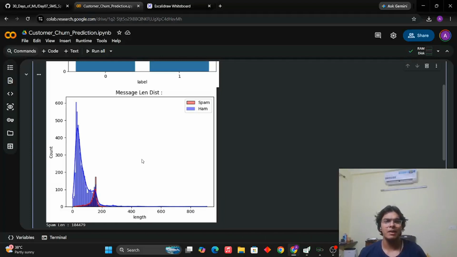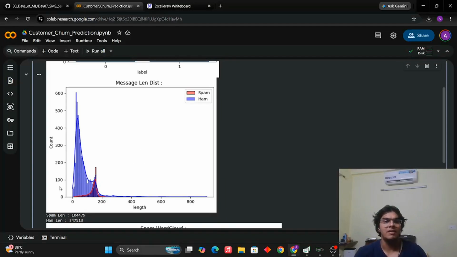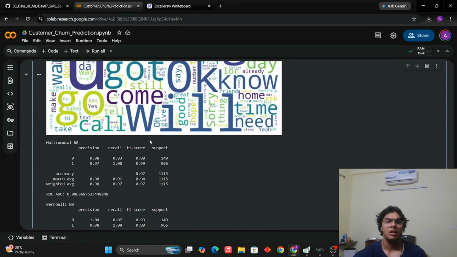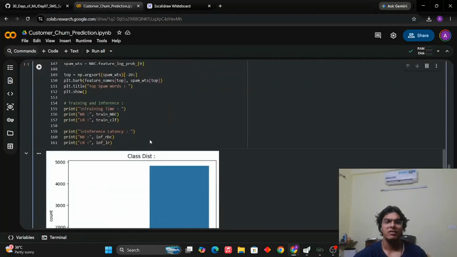Usually spam messages are longer, some big long message, whereas a ham message is usually short and thoughtful. You can see the spam message is just so long. Its count goes up to 600, whereas the ham stops near about 150. This is the difference that you can use.